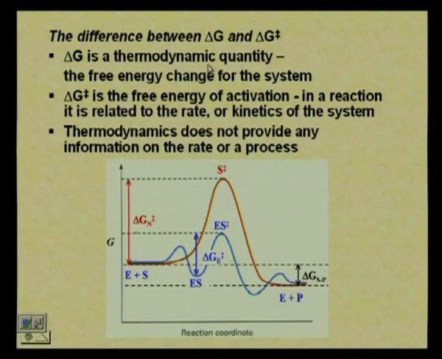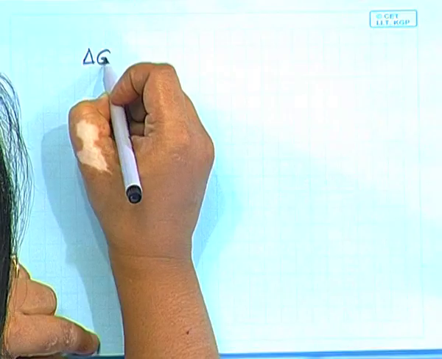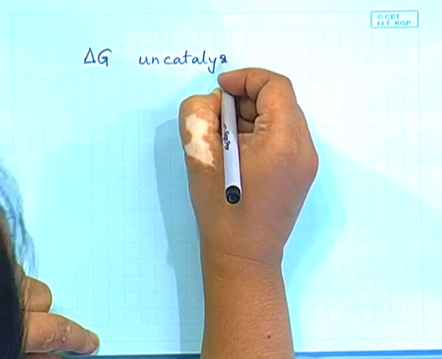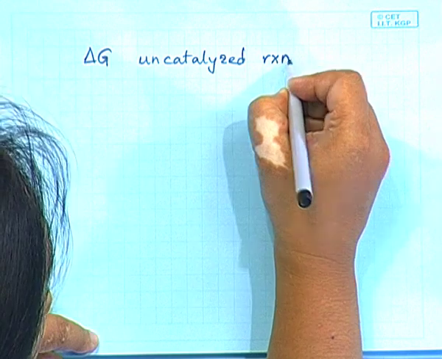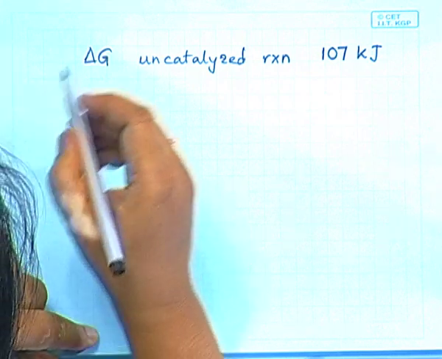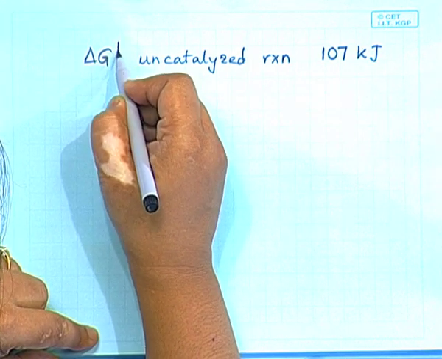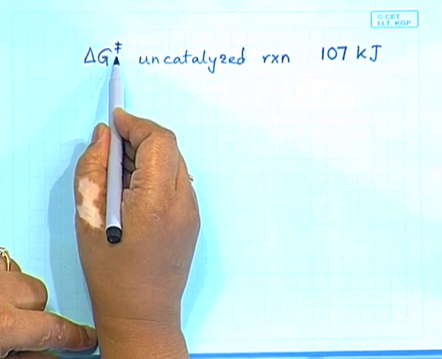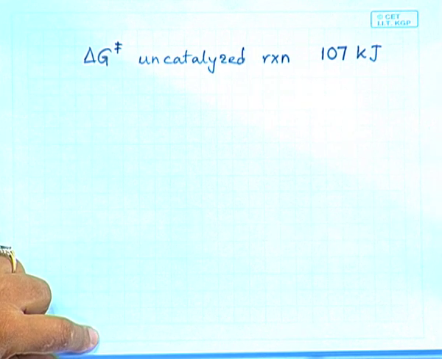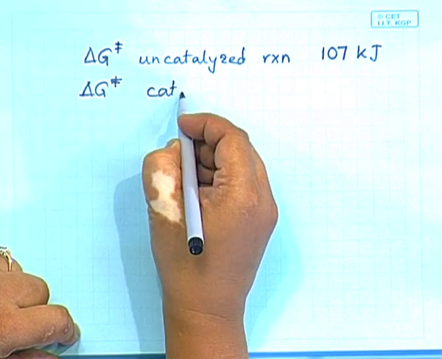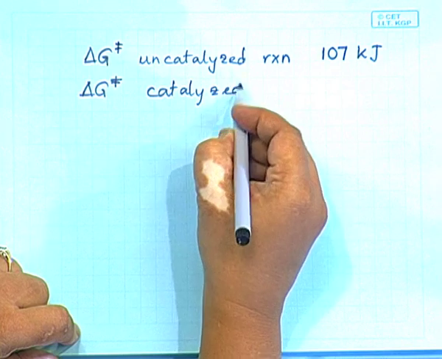If we just consider 2 reactions here, say we have a delta G dagger for an uncatalyzed reaction that corresponds to 107 kilojoules. What does this mean? It means it is the activation energy. When I say this is there for the catalyzed reaction, is this going to be larger or smaller than that?